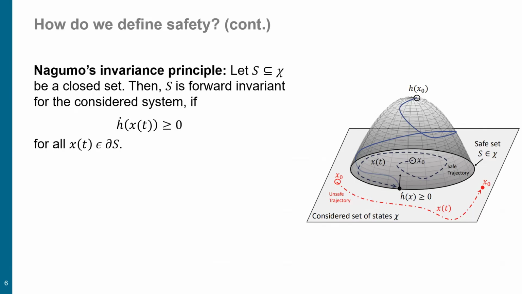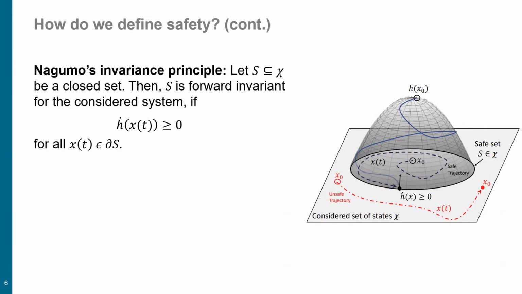But this will only give us a condition on the boundary. And if we would just use this, we will maybe end up with some discontinuous bang-bang-like safety filter or safety approach.